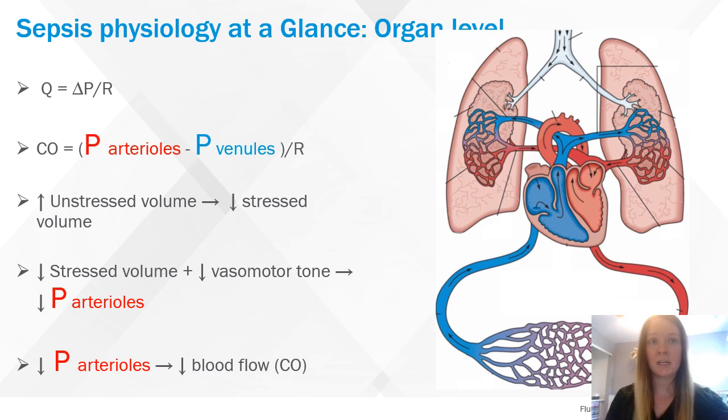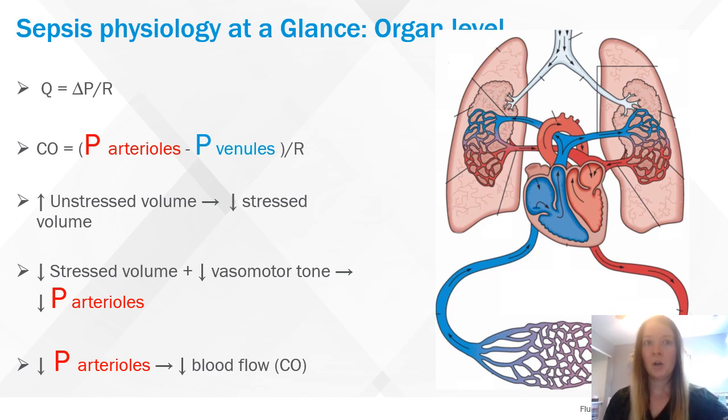And unfortunately, when you have an increase in unstressed volume, you then have a decrease in your stressed volume. And when you have low stressed volume along with a decreased vasomotor tone, now pressure is decreased on the arterial side. So we don't have that push of blood from the arterial side to the venous side.